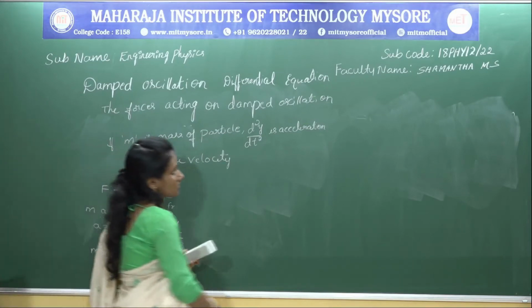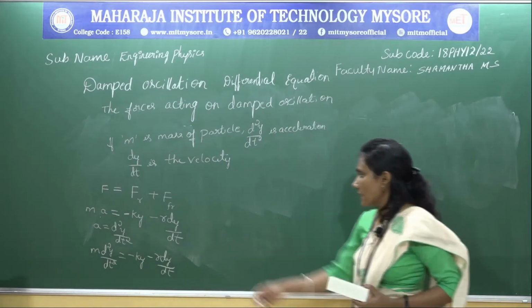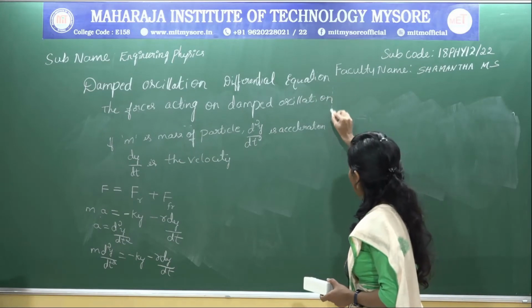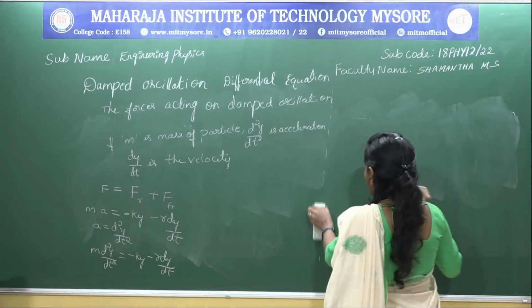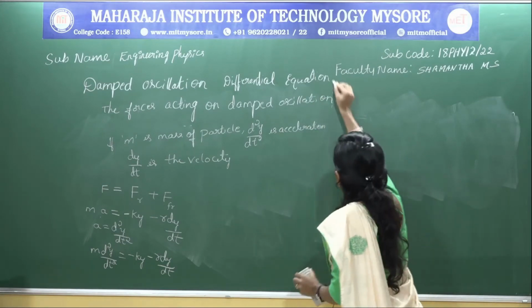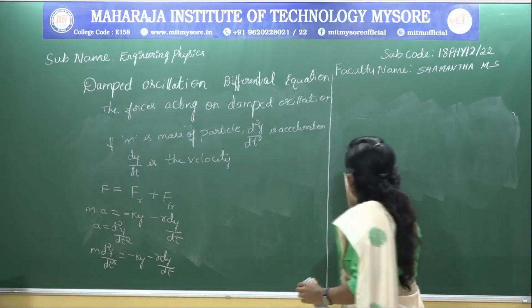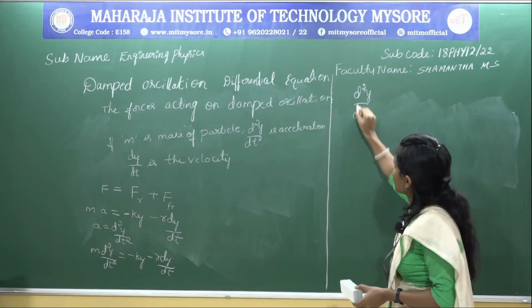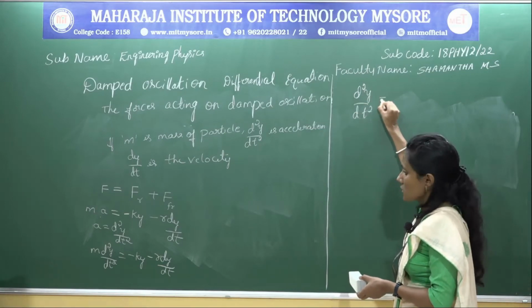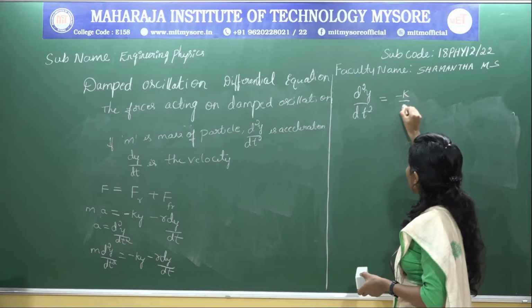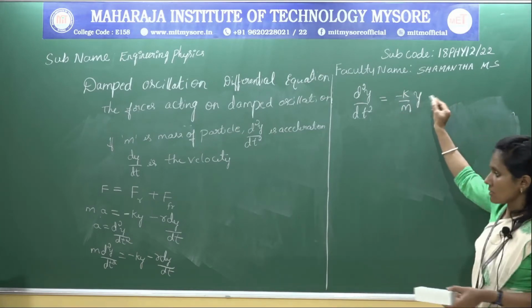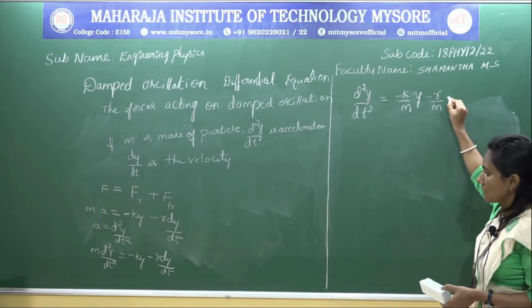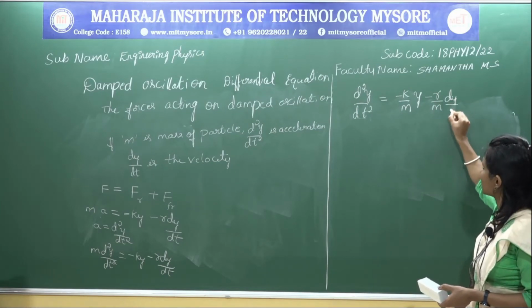So, just bring that m to the right side, then we will get d square y by dt square is equal to minus k by m into y minus r by m into dy by dt.